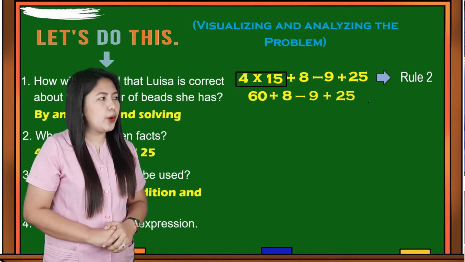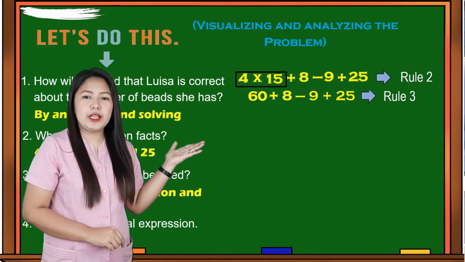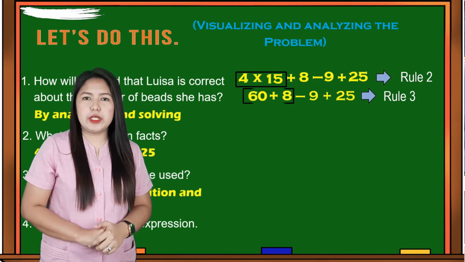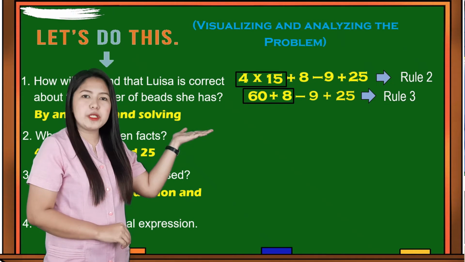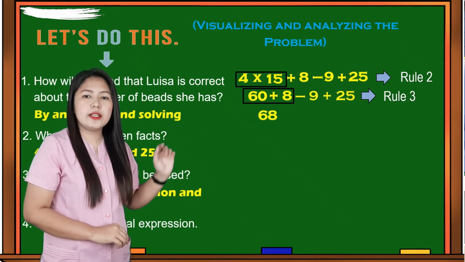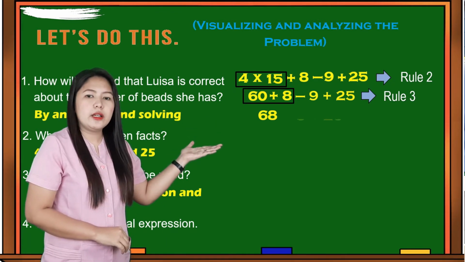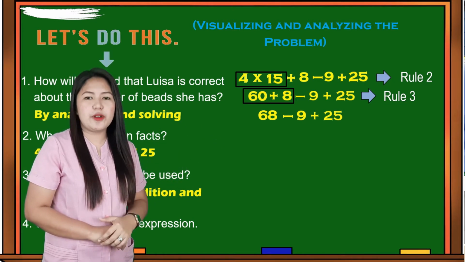Wala. Puproceed tayo sa rule number 2 na kung saan mayroong multiplication or division. Una nating isa-solve ay ang 4 times 15 equals 60. Then, bring down plus 8 minus 9 plus 25.